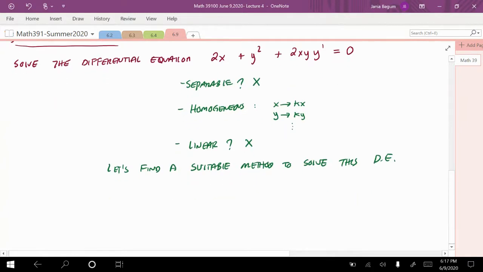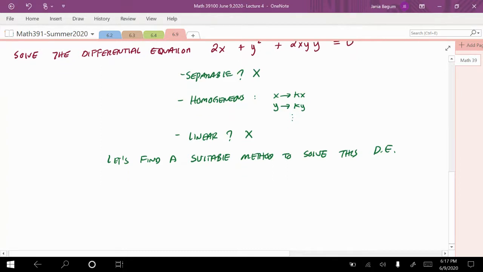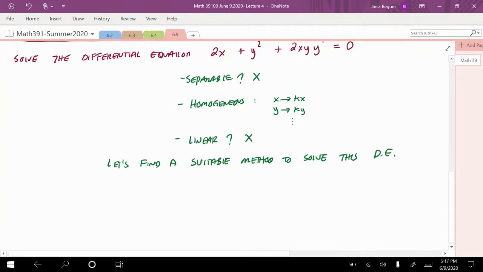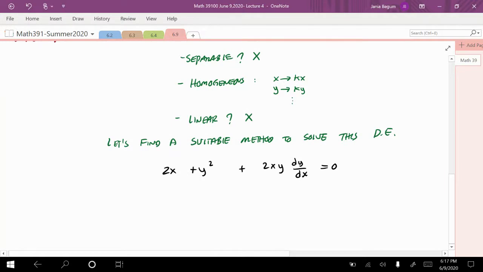What I'm going to do is take the given equation and rewrite it this way: 2x plus y squared plus 2xy, and instead of writing y prime, I'm going to write dy/dx equals 0. Now I'm going to multiply both sides by dx so I can isolate my differentials. So we have (2x plus y squared) dx plus 2xy dy equals 0.